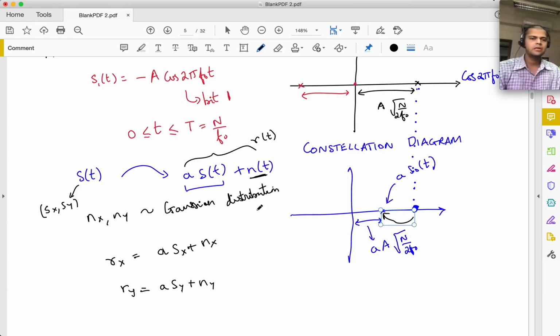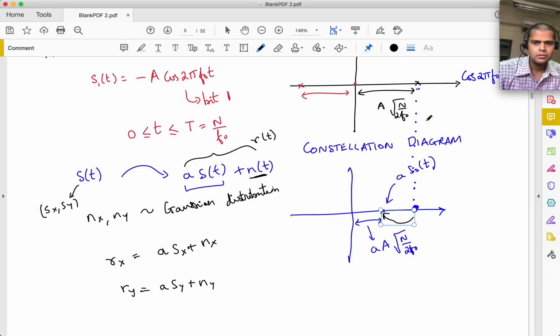This is the general case for a general signal S of t. In this example that I've looked at, Sy is 0. There is only an x component of whatever I'm transmitting, this constellation point. So it gets shifted over here, right? And the y component here, this quantity over here is 0. But the noise pushes this in both directions.